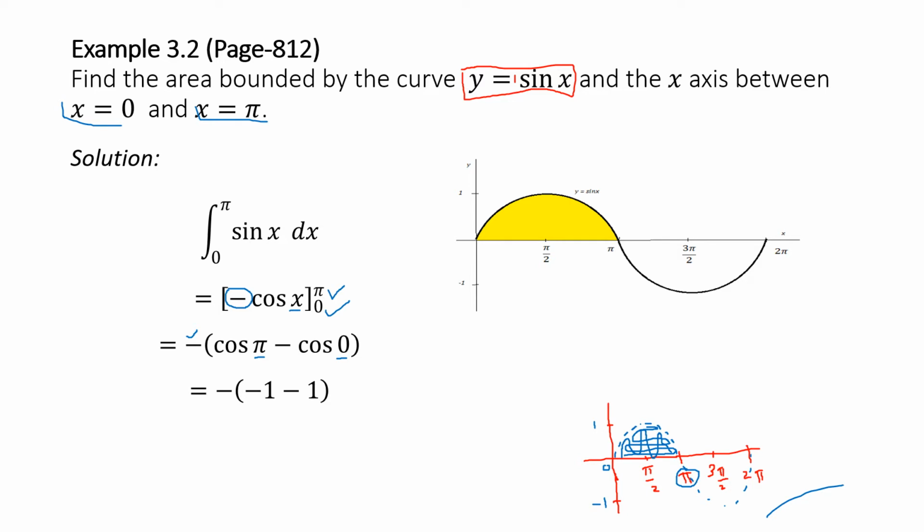Okay, calculator for radians. If your calculator is in degree mode, then pi means 180 degrees, but I would recommend that you change your calculator to radian mode when you see pi.